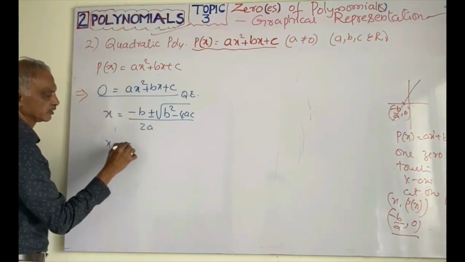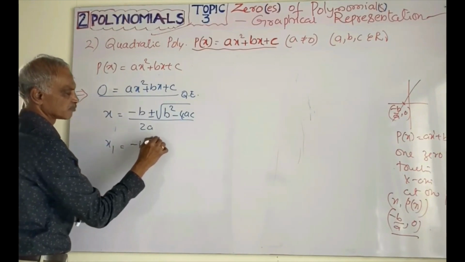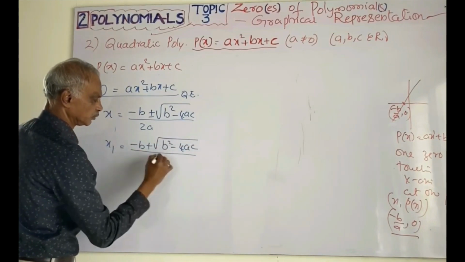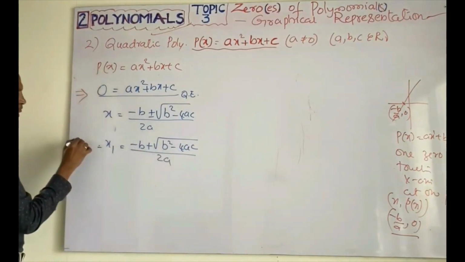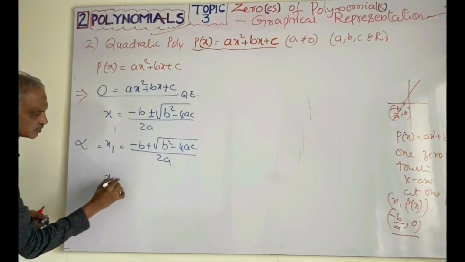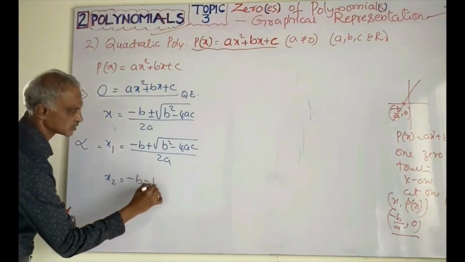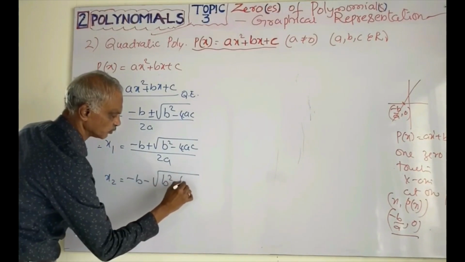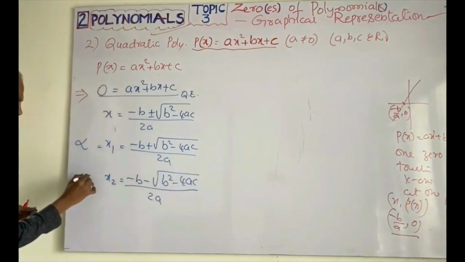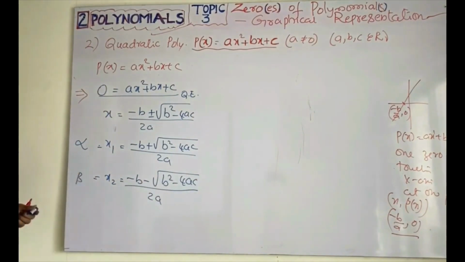x1 I will take as minus b plus root of b square minus 4ac by 2a, one zero. Sometimes it is denoted by alpha also. What is the other zero? Minus b minus root of b square minus 4ac by 2a. This is beta. It will have two zeros.